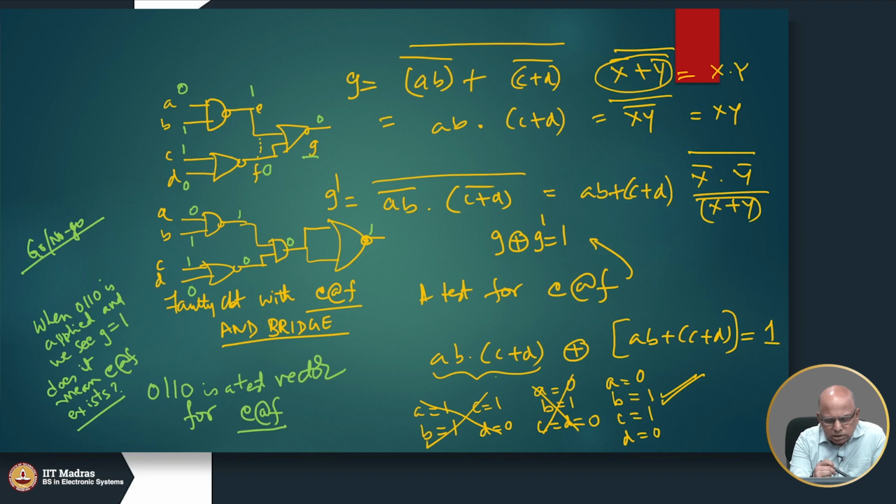Similarly, if A is stuck at 1, E will produce a 0, and as a result G will also produce a 1. So, there can be at least 4 different reasons why, when you apply 0 1 1 0, the output is 1. There is no one reason for a circuit to produce a different output.